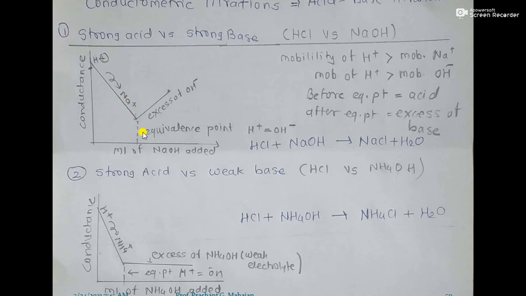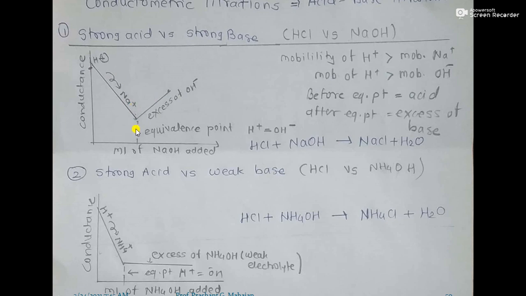At the equivalence point, the number of H+ is equal to the number of OH- ions. After the equivalence point, excess NaOH, which is a strong electrolyte, is added, so the conductance increases. So this is the graph. You can see that the conductivity of H+ is higher, then conductivity decreases due to the addition of Na+.